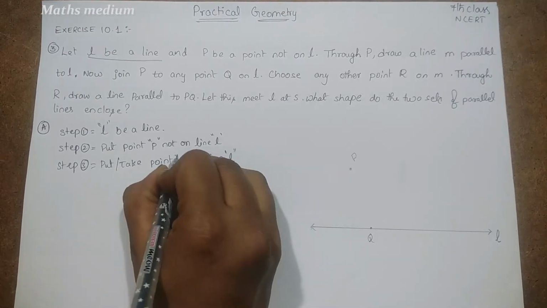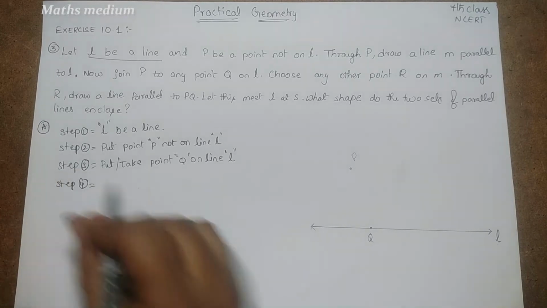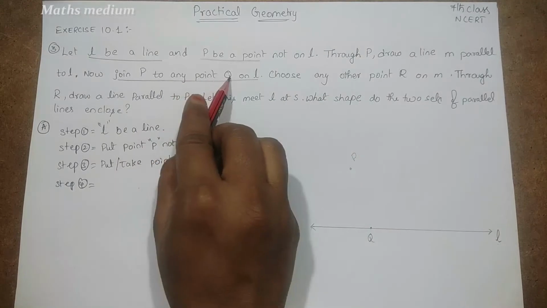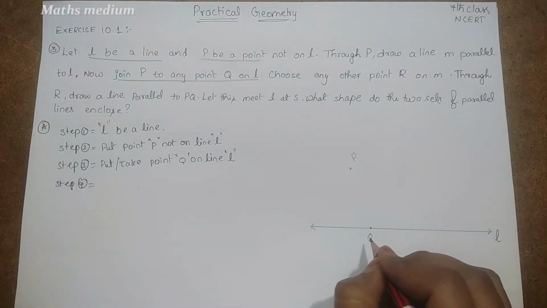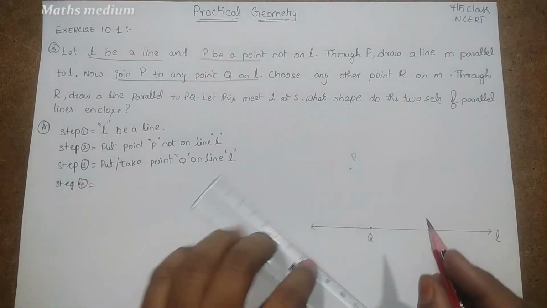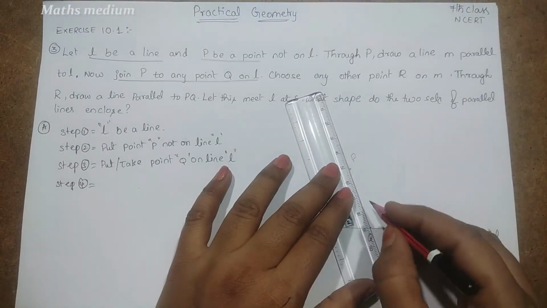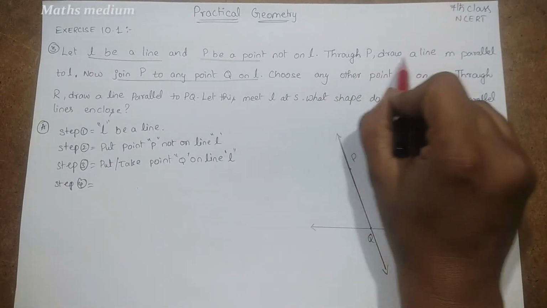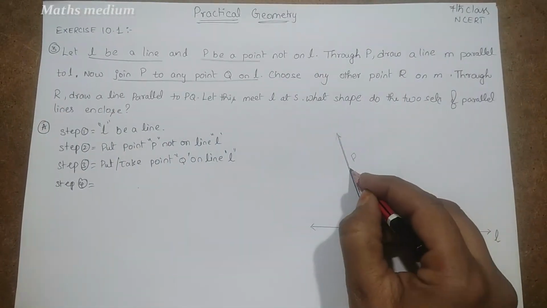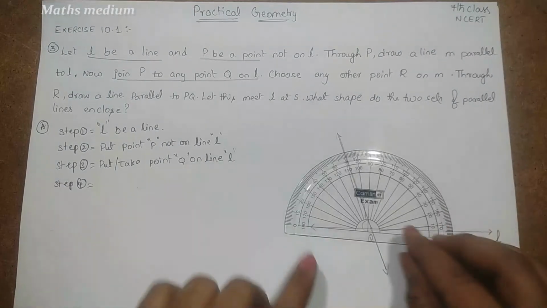Now step 4. Here join P to any point Q. I already chose a point Q on L, so we have to join P and Q. I am joining these 2 points. Next we have to draw a line M parallel to L but through P. So let's see here, the protractor.